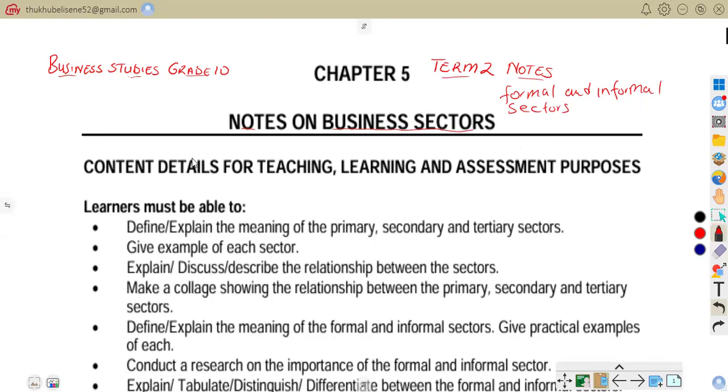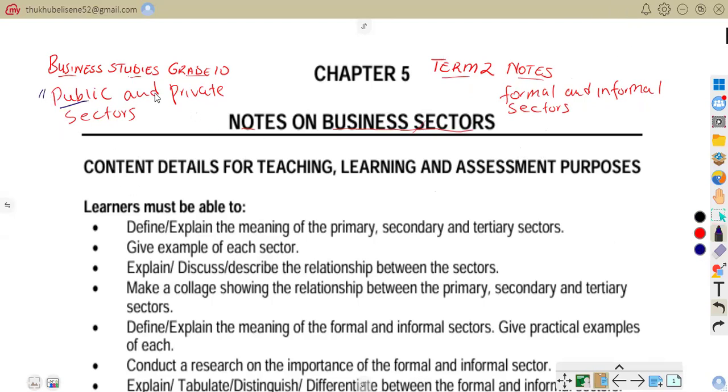Also, we are going to look at public and private sectors. So we are going to look at those formal and informal sectors, public and private sectors. That is what we are going to discuss together.